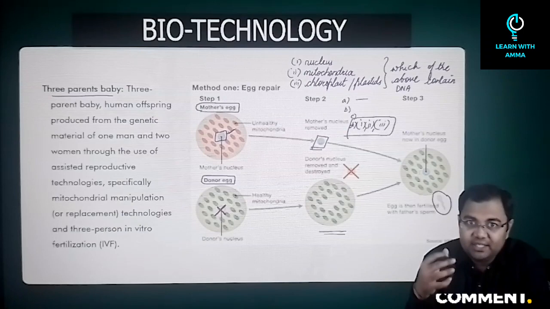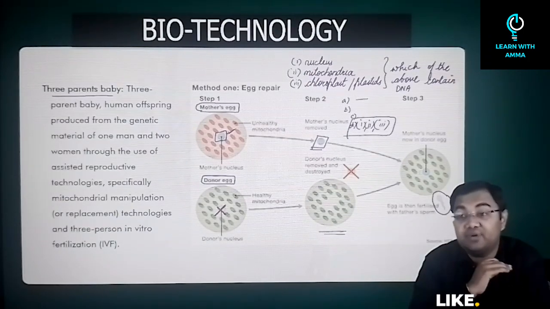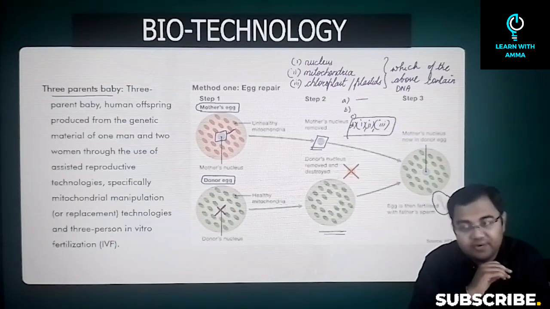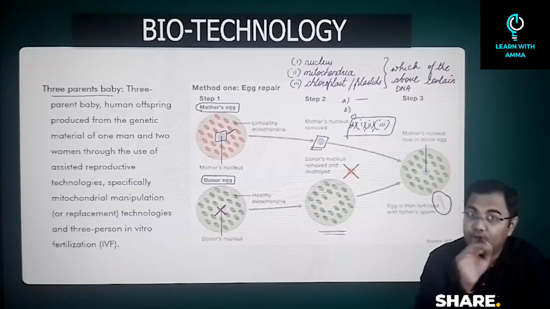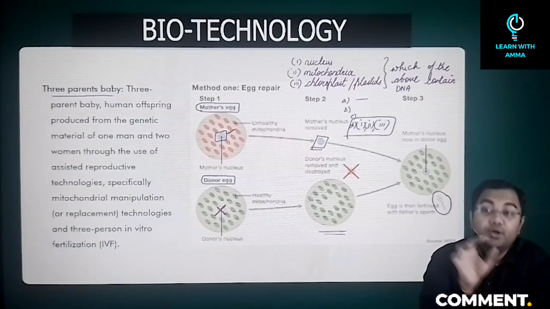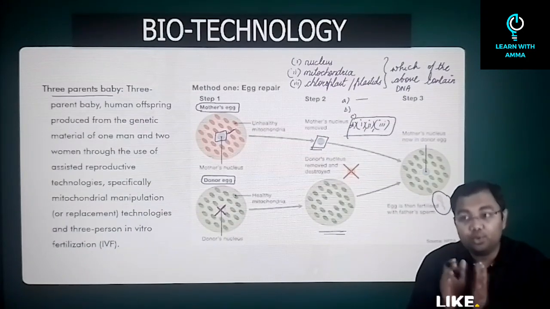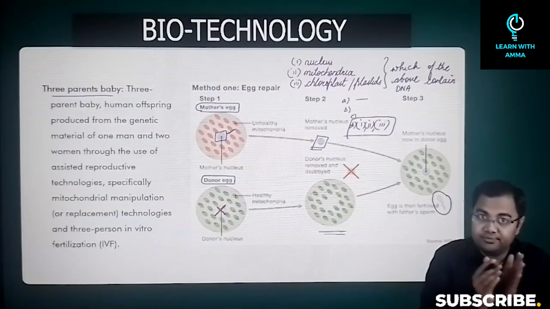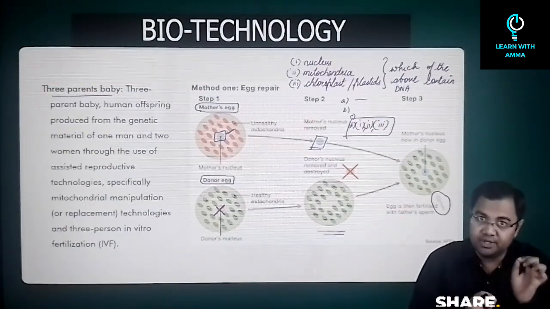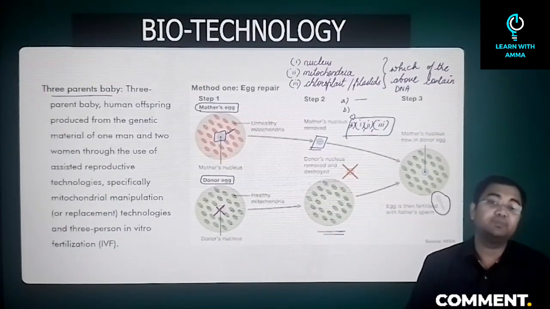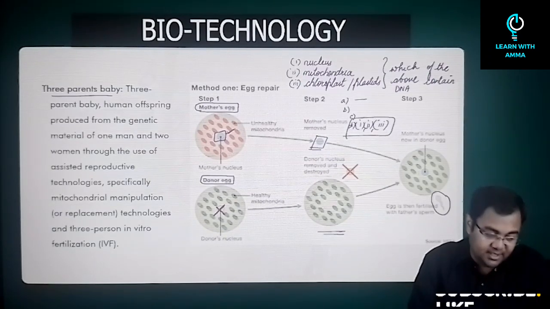The only thing that the donor gave was mitochondria, and those mitochondria could have come from anyone. It could have come from thousands of other mothers, but the specific characteristics of the nucleus of the original mother could not have been given by anybody else. So the claim over the child born out of this kind of procedure will still lie with the original mother and the original father. This is the ruling that was given by the courts back in 2015 and 16.